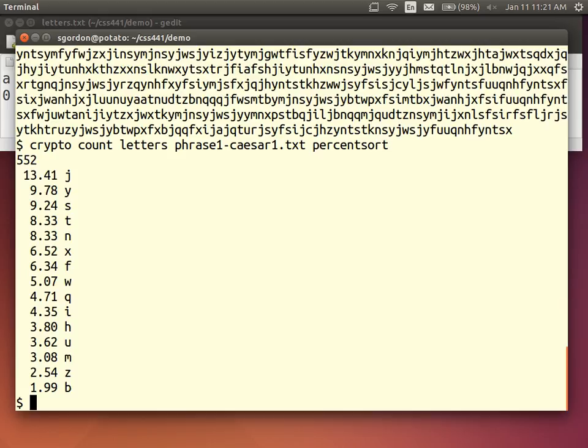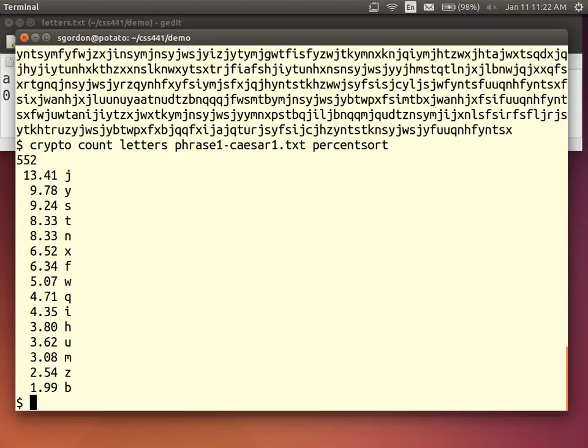Remember, Caesar cipher is a substitution cipher. We substitute one letter of plaintext with another letter of our alphabet. It's quite a simple cipher in that some letter is substituted with the letter J. What letter do you think was substituted to get J?